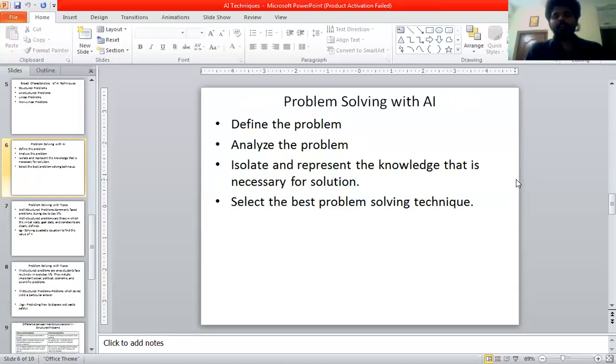For that, we use the third step. And finally, after completing defining, analyzing, and identifying what the problem is, we give the best solution for this problem solving. These are the steps that occur in problem solving.